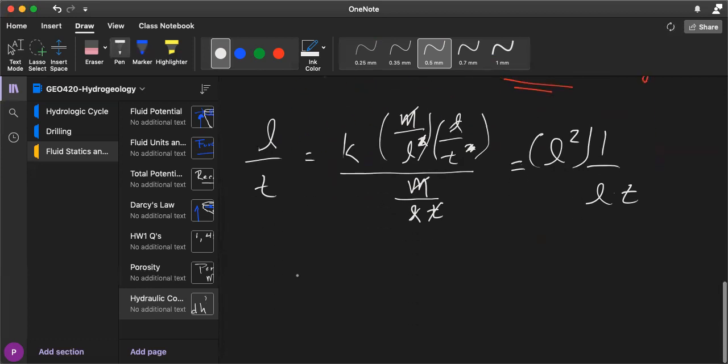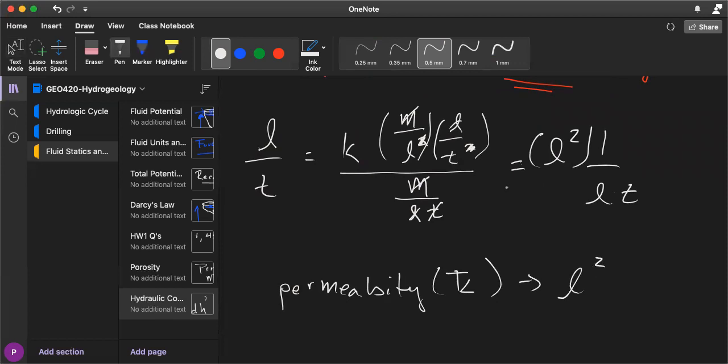So permeability, or intrinsic permeability, has units of length squared.